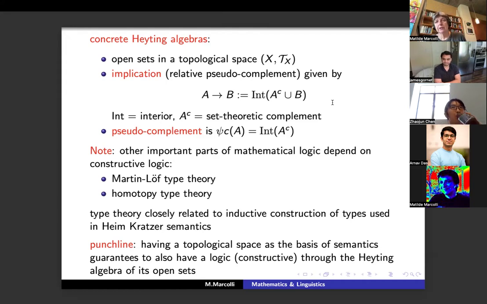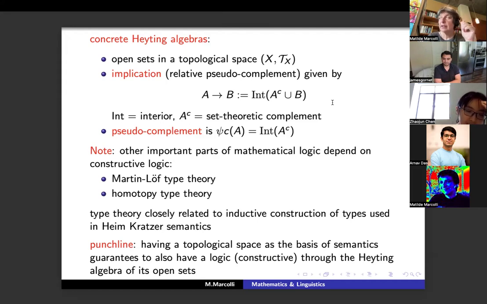So in many ways, it's not unreasonable to take this as the class of logic that is most natural to consider.